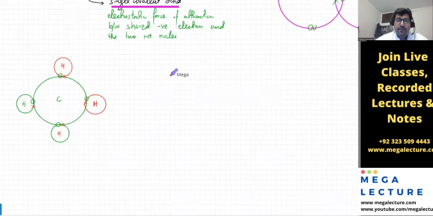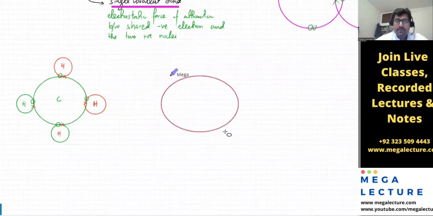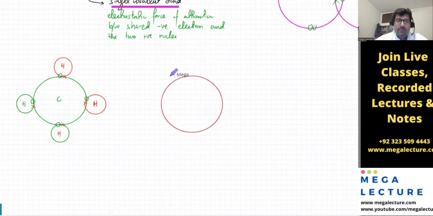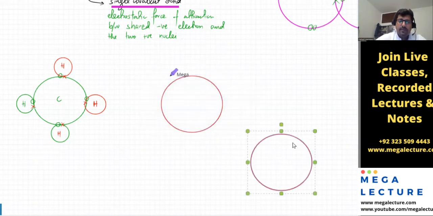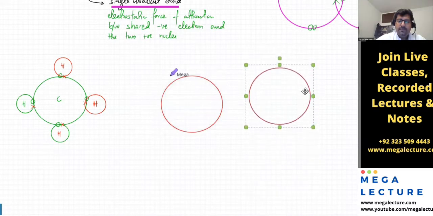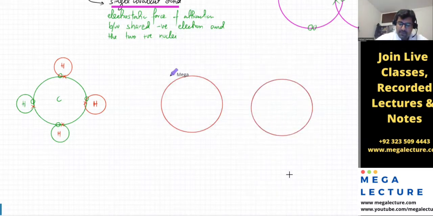If I take fluorine as an example, fluorine is group 7. So I've got 2 fluorine atoms. Fluorine is group 7, which means it's got 7 electrons already, so it needs just 1 electron. So it will share just 1 electron.